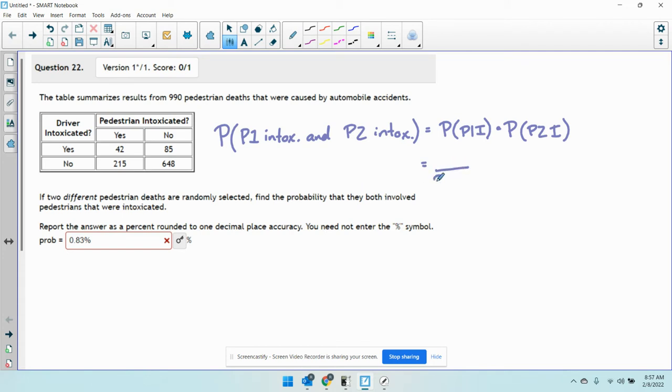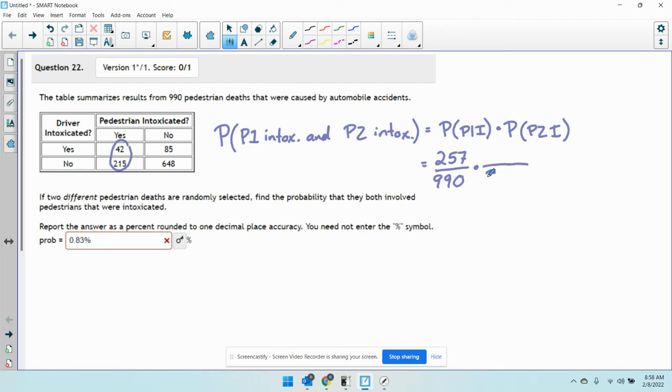There's 990 total deaths. Of that 990, the pedestrian was intoxicated, yes, for these accidents. Add them together, you get 257 times. Now, when finding the probability that a second pedestrian was intoxicated in their accident, you're going to assume we got an intoxicated pedestrian in the first pick.